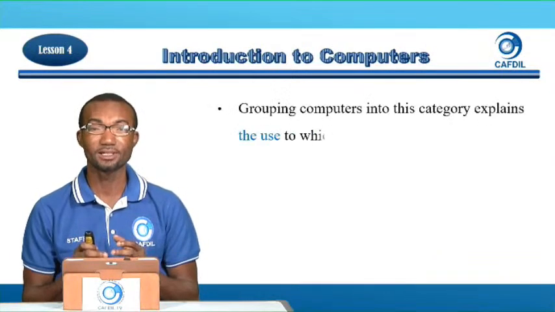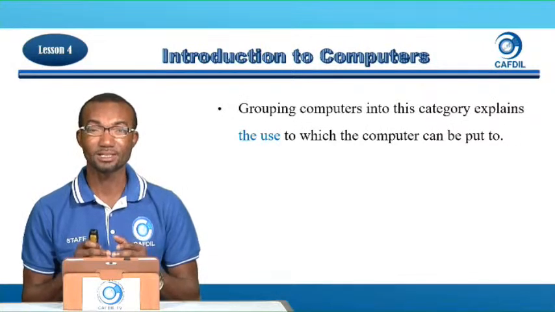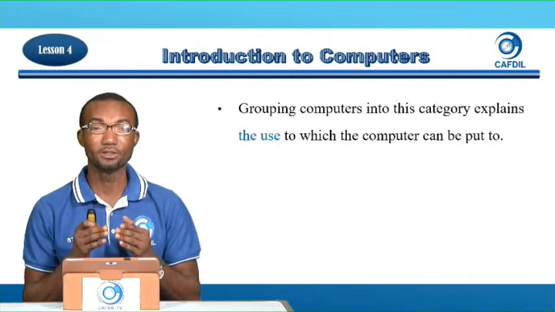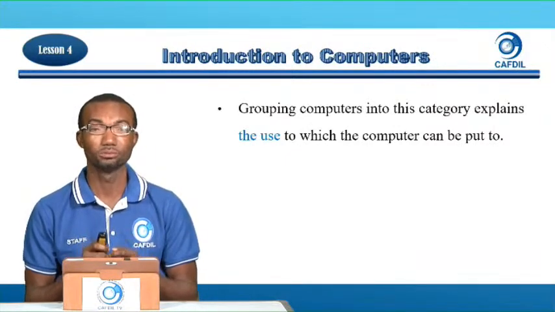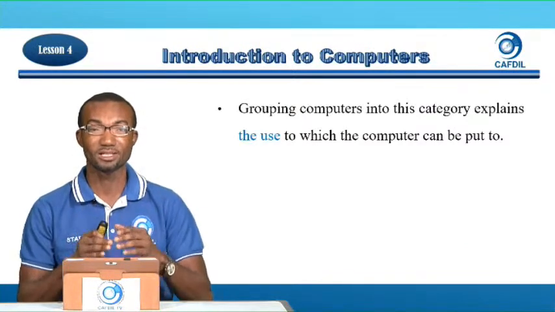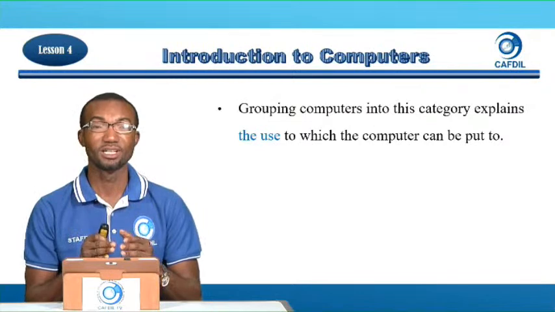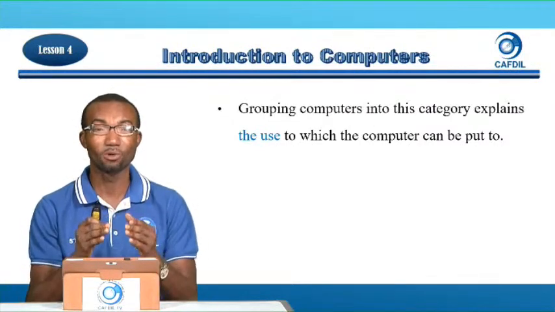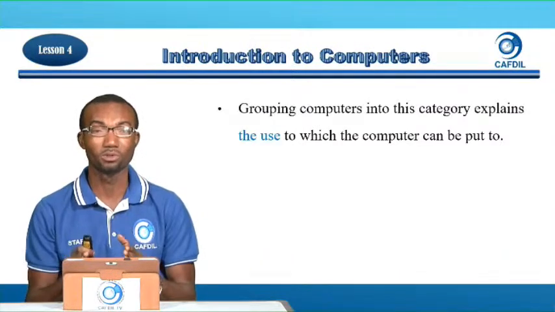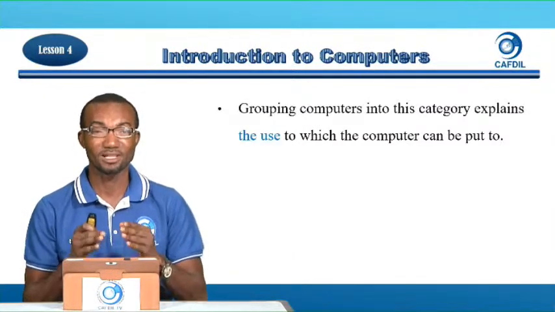Grouping computers into this category, that is by purpose, explains the use to which the computer can be put. So when we are grouping computers by purpose, we mean, what is this computer going to be used for? That is the question we must ask ourselves.